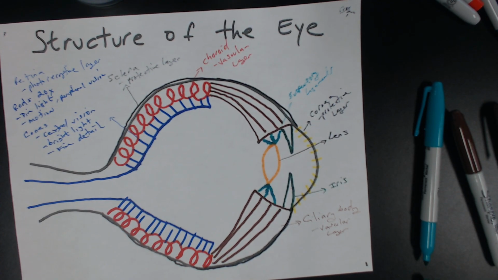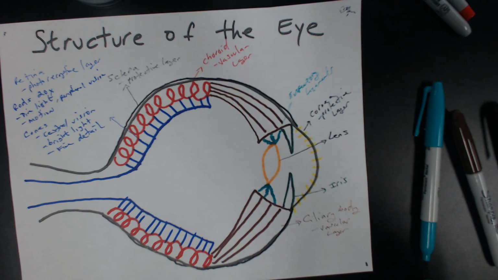Nothing more than ligaments that attach the lens of your eye to your ciliary body.